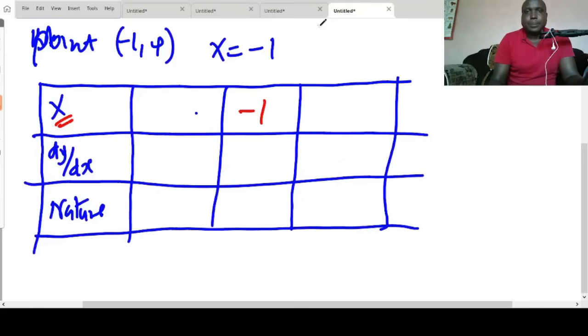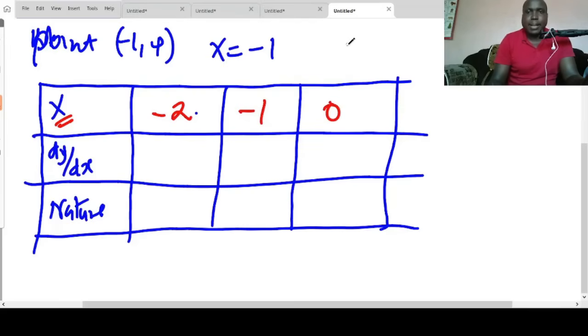Now here, find any number to the left of -1 and another number to the right of -1. So a number to the left of -1 is -2. A number to the right of -1 is 0.